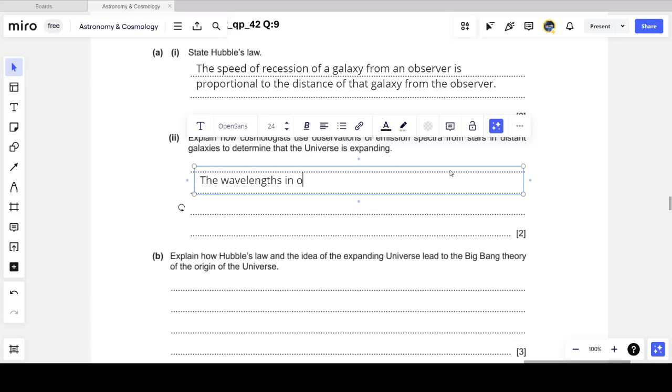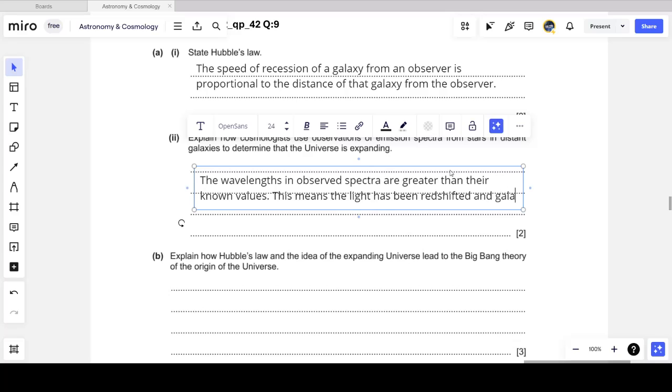So the wavelengths in observed spectra are greater than their known values, their lab values. And this means the light has been redshifted, or has undergone redshift, you can say.